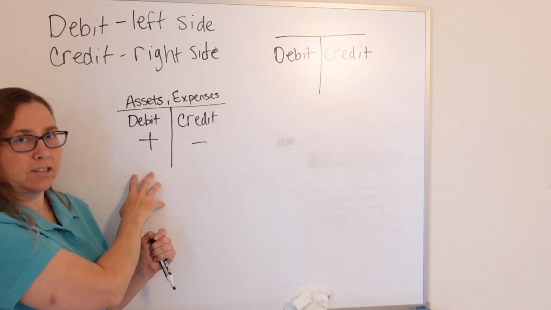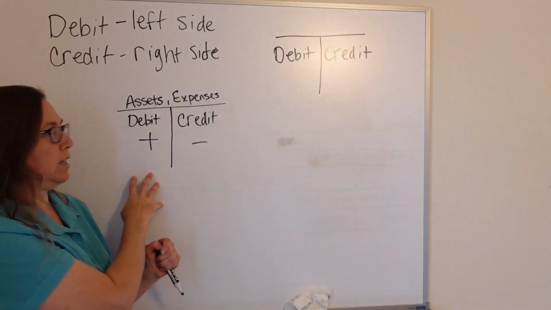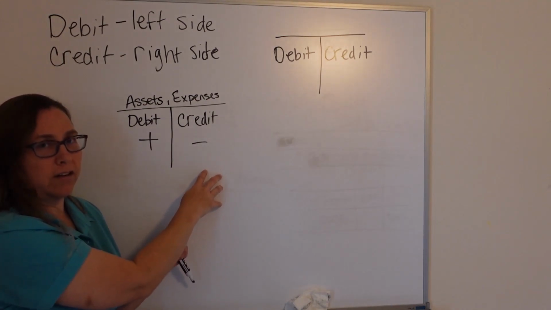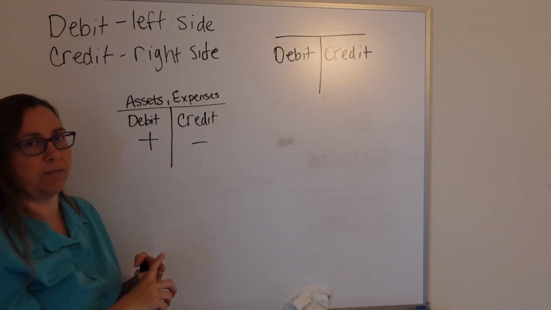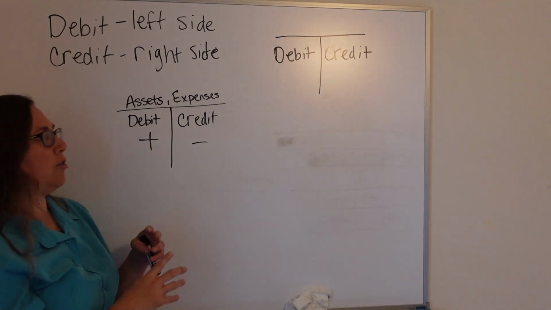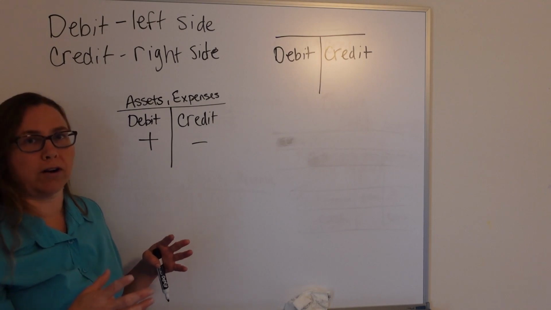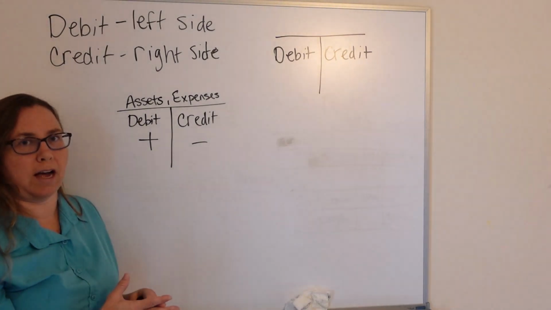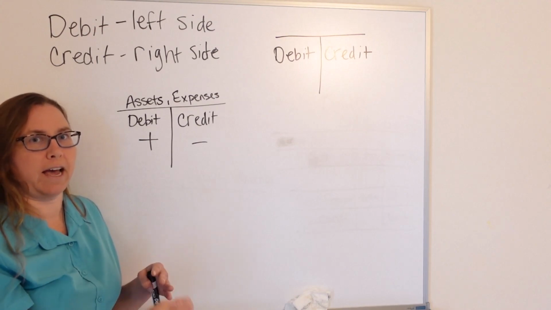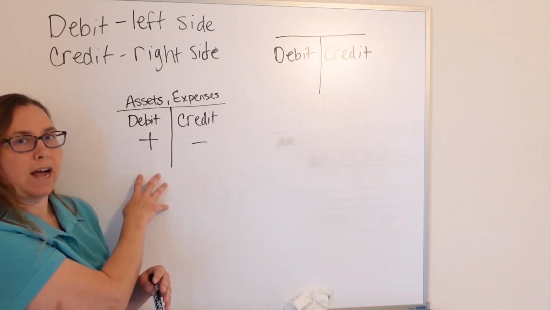So you're going to add to those with debits and subtract from those with credits. You're probably not going to subtract from an expense very often unless you're making a correction or doing some type of return. So if you go to Walmart and you buy some office supplies, you're adding to your office supplies expense account. So it would actually be a debit.